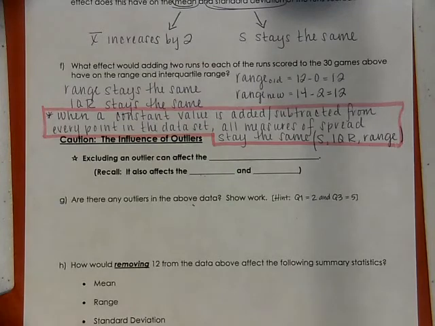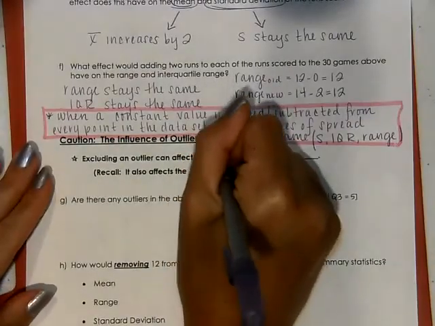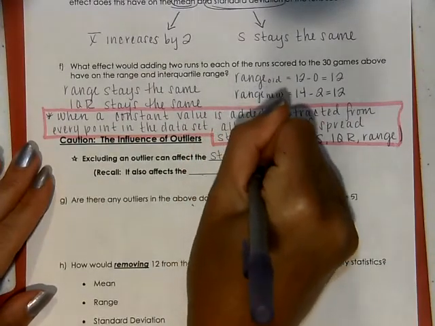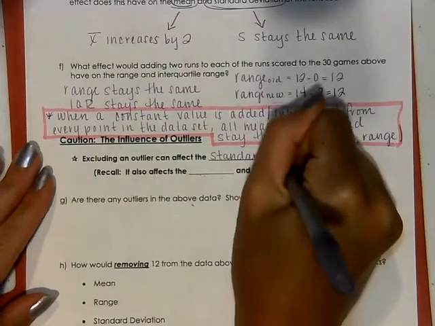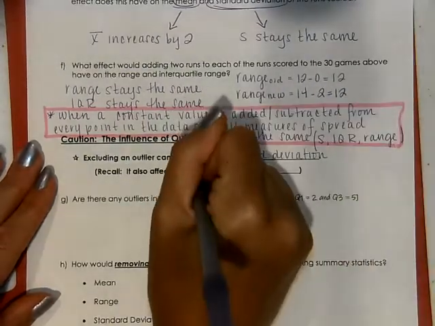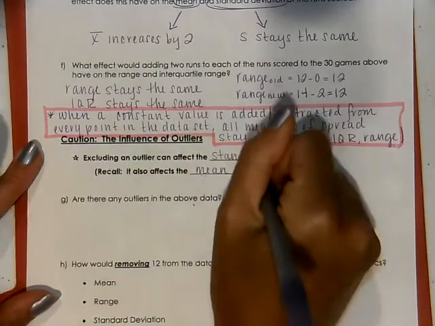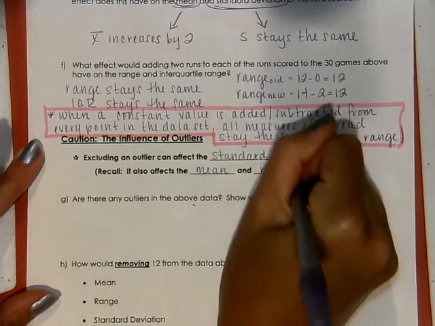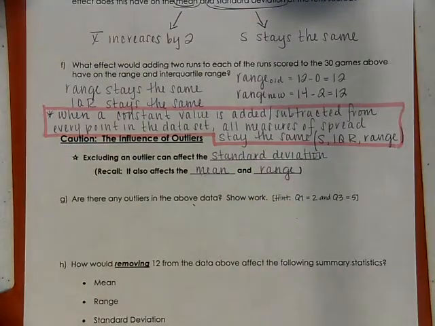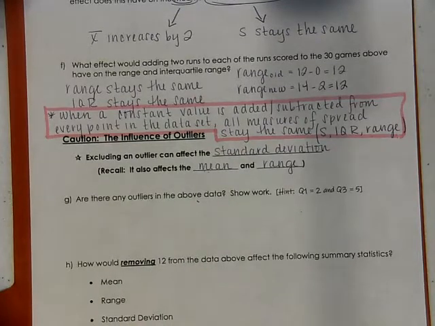So just a reminder about outliers. Excluding an outlier can affect the standard deviation. Because remember, back in chapter 4, we learned that it also has a drastic effect on the mean and the range. So, are there any outliers in the above data set with the tigers?